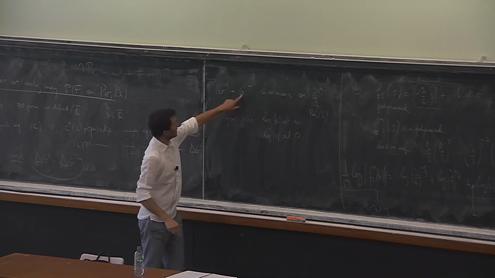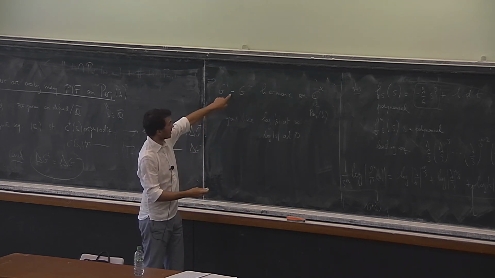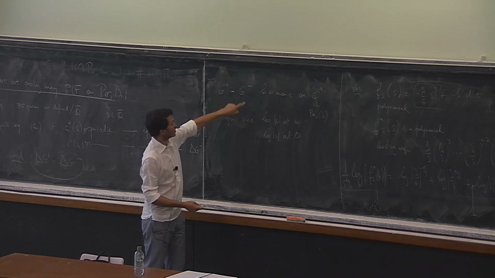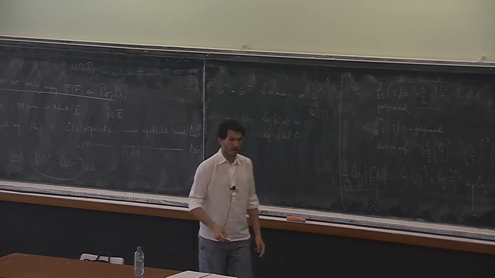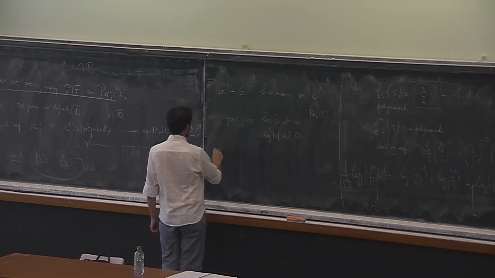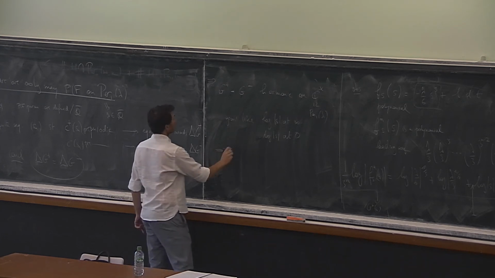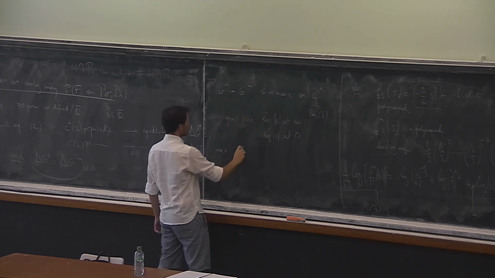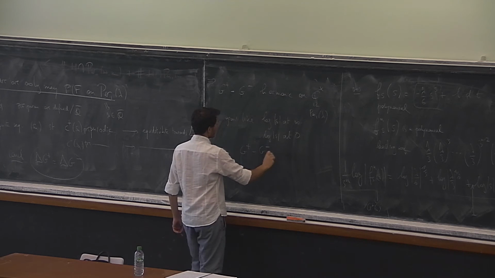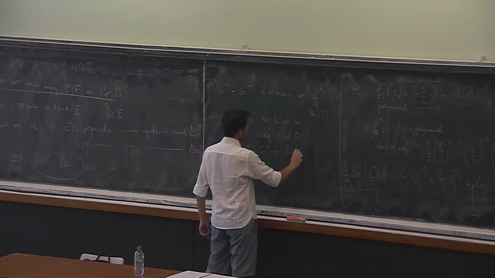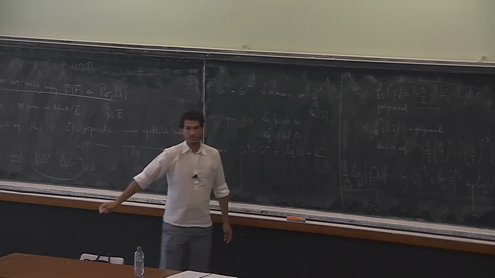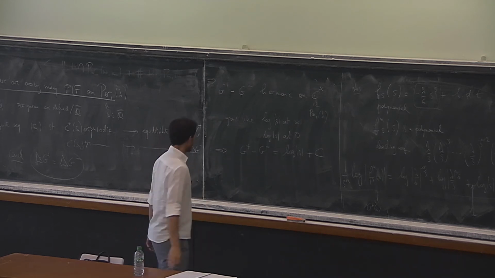Because G minus goes to plus infinity, minus log, and so minus G minus grows like this. An easy argument from harmonic analysis says that since it is harmonic and it has this growth, it must be equal to the logarithm of s plus some constant.